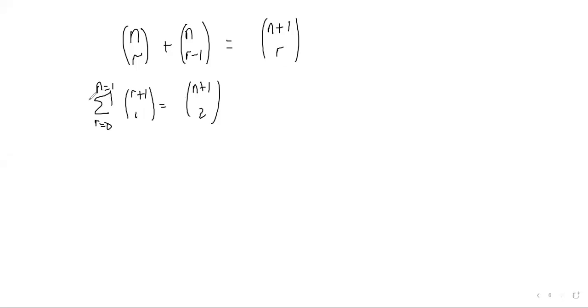So what does this mean? This means that where there is r, put 0 first. So you pick your left-hand side. Where there is r, put 0. So we have 1, 1. Plus. Where there is r, put 1. So we have 2, 1.